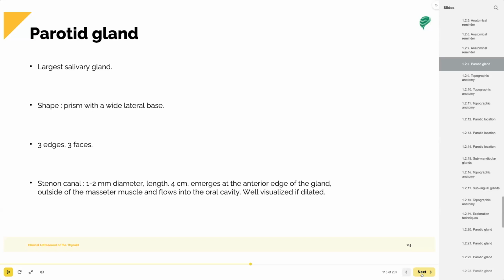The parotid gland is the largest salivary gland. It has a prism-like shape with a wide lateral base, 3 edges, and 3 faces. The Stensen canal is 1 to 2 millimeters in diameter, and the length is usually 0.4 centimeter, and it emerges at the anterior edge of the gland.